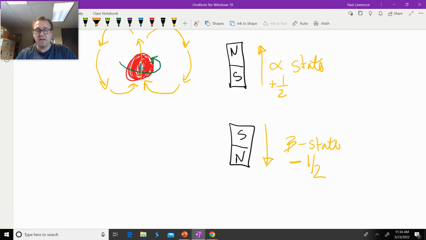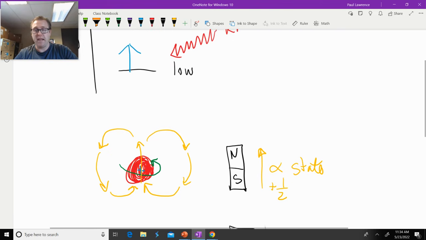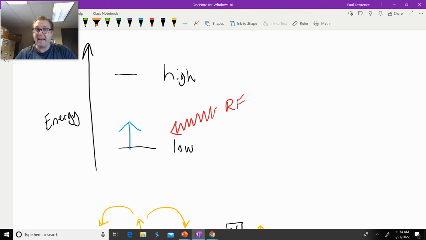Absolutely the same energy. But the moment you place those nuclei in a magnetic field, they align in two energy states.